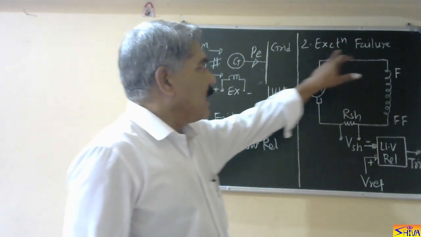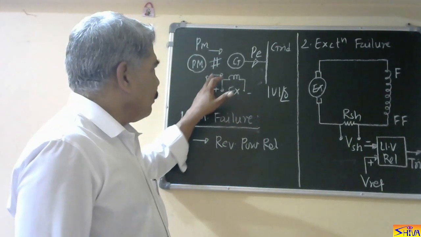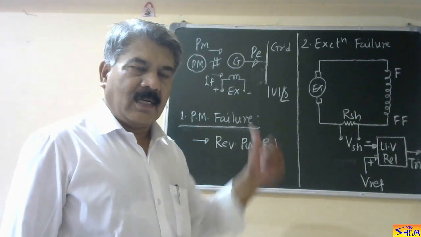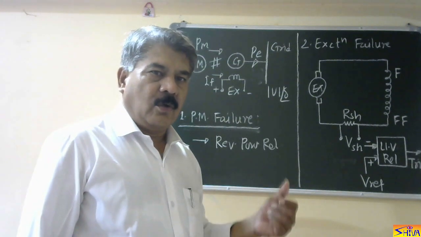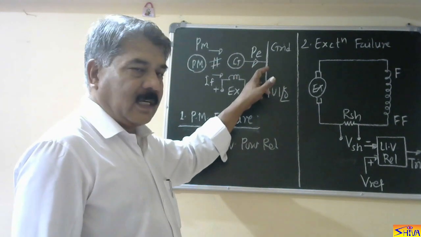Second condition is excitation failure. So under this condition, prime mover remains there, but this excitation system fails. Prime mover remains there, means it is getting the mechanical power, but excitation fails. So in previous case, when prime mover fails, it starts taking active power from the system.